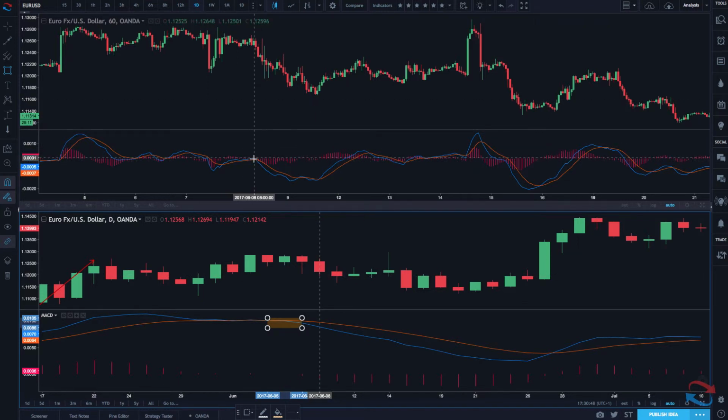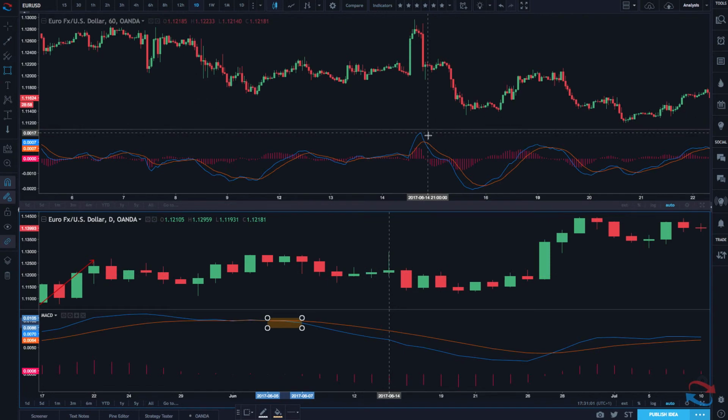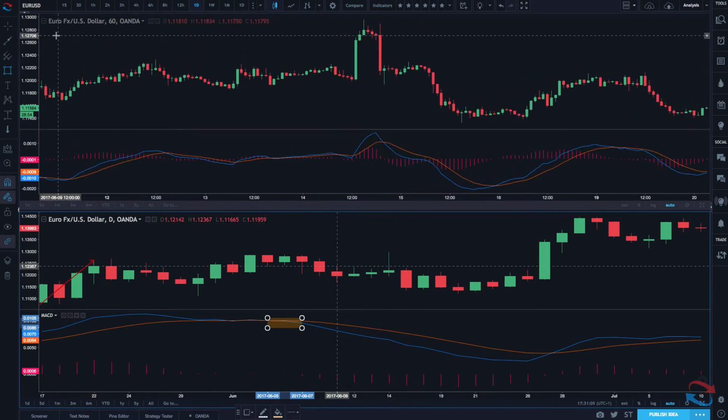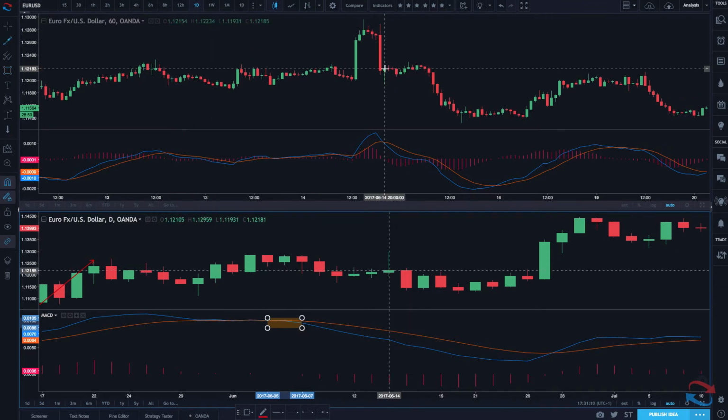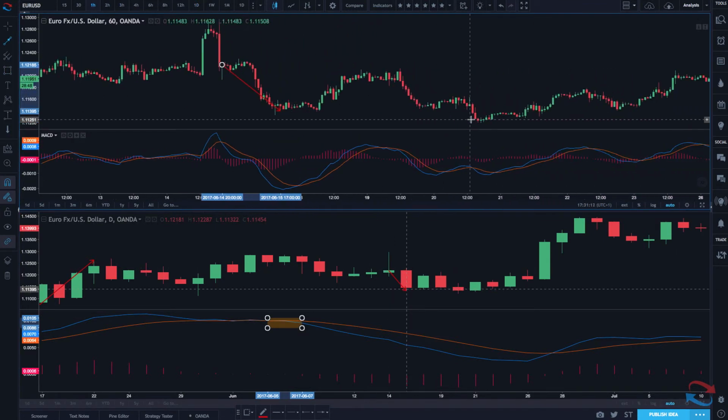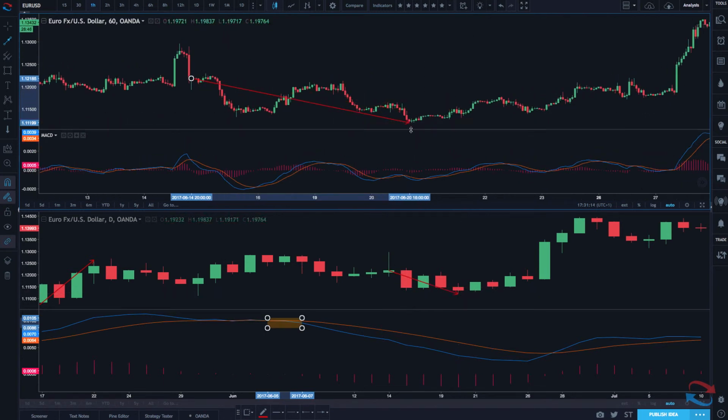So we had one here, and you can see prices fell away. We had one around here, prices kind of went down slightly. We had one here. You can see prices from here decided to make their way lower.